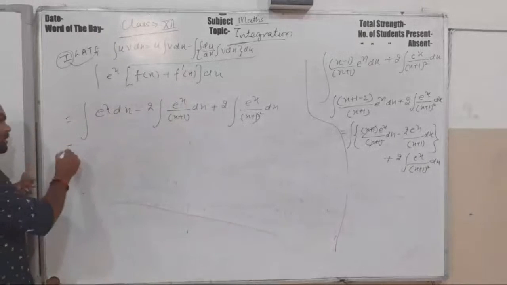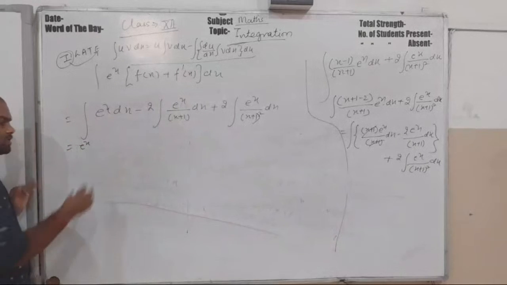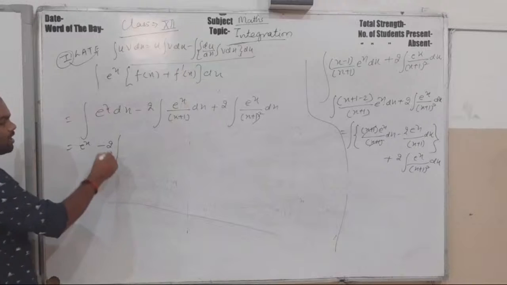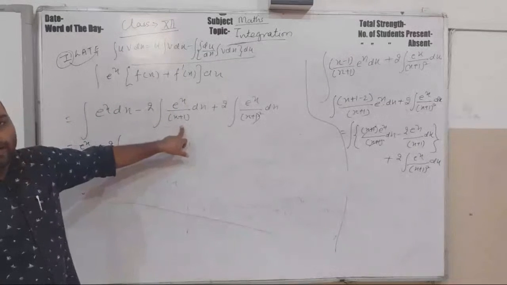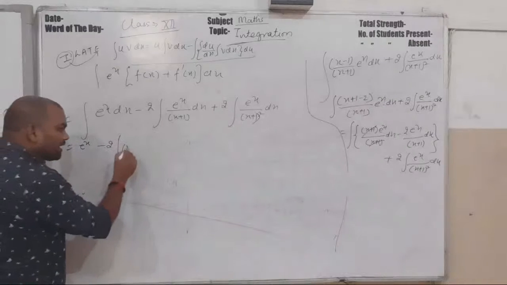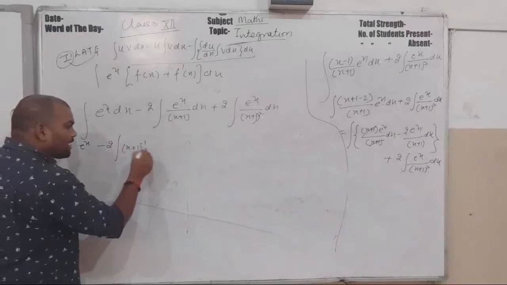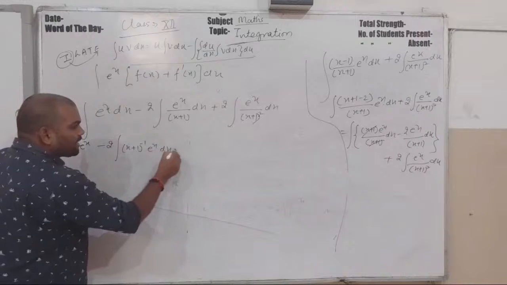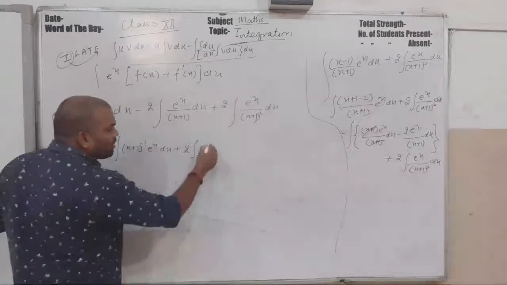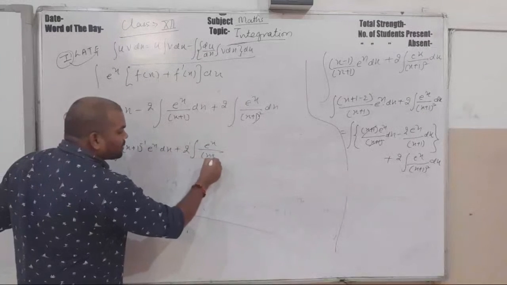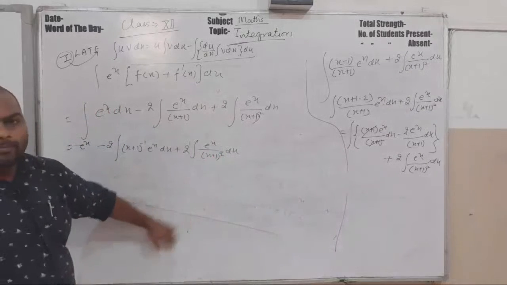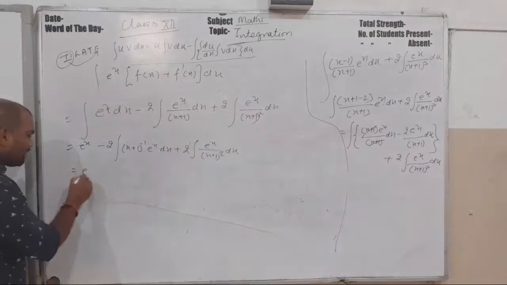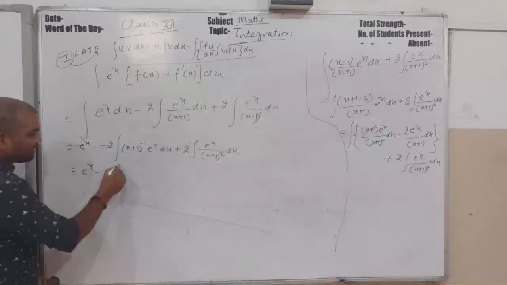So integration of this becomes e to the power x minus 2 times. Now we are taking this as the first function because this is the algebraic one. So this can be written as the integral of (x plus 1) to the power minus 1 into e to the power x dx plus 2 times the integral of e to the power x upon square of x plus 1 dx. Clear? This becomes e to the power x minus 2 times.